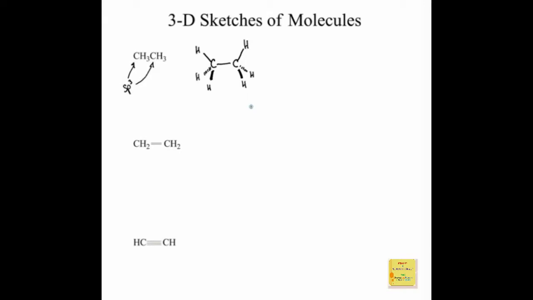Okay, but notice that there's more than one 3D sketch we can have for this molecule, because we can rotate around this bond. There's free rotation around this sigma bond, and so we would have some additional 3D sketches we can draw. For example, because we can rotate here, we can have the structure where the first carbon stays the same, but the second carbon has the other hydrogen that's in the plane pointing down here.